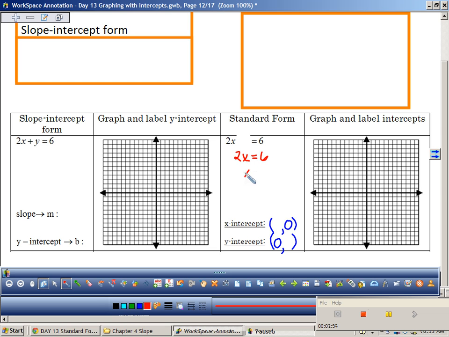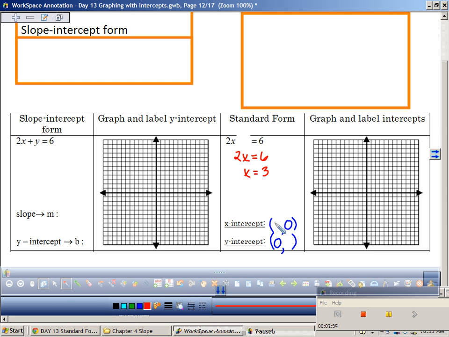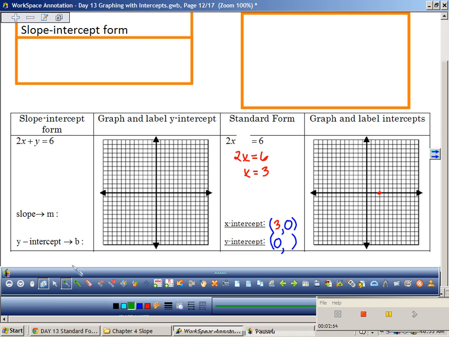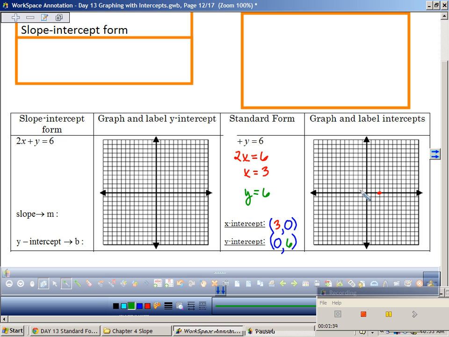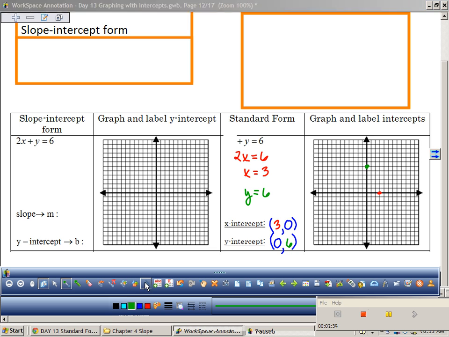So what does x equal? 3. So 3, 0. Let's do the other one. When x is 0, y is 6. I have 2 points. That's all I needed to draw a line.